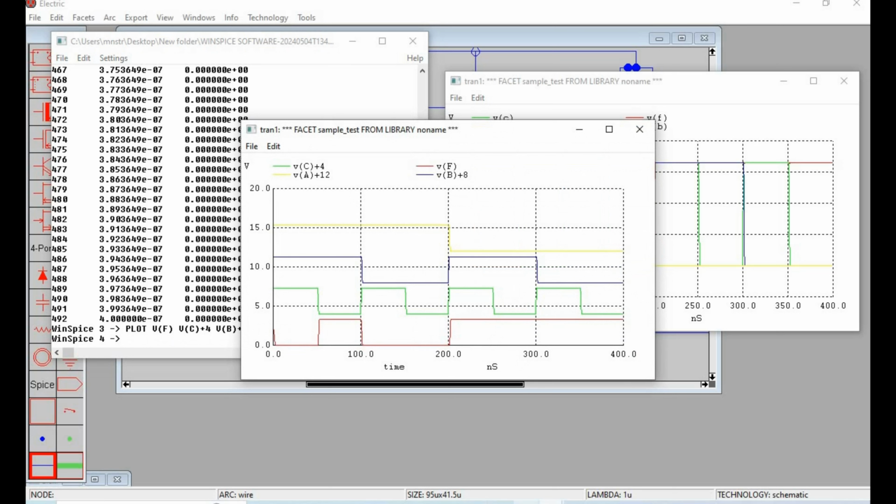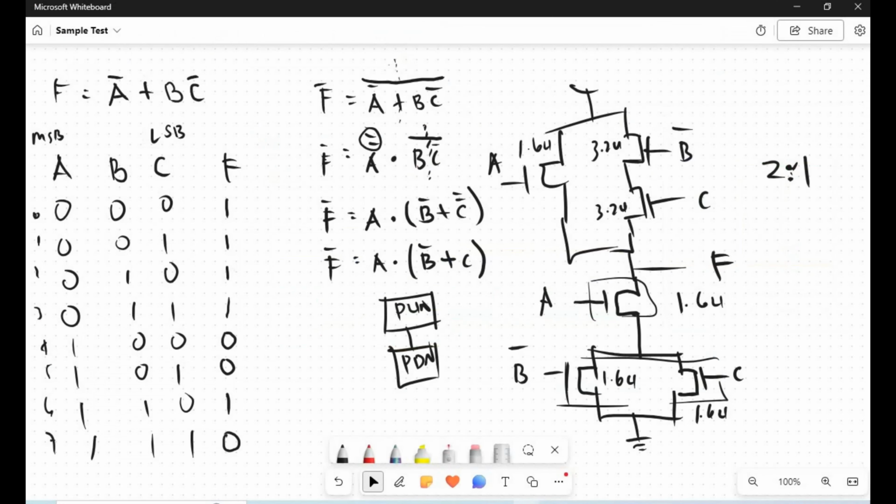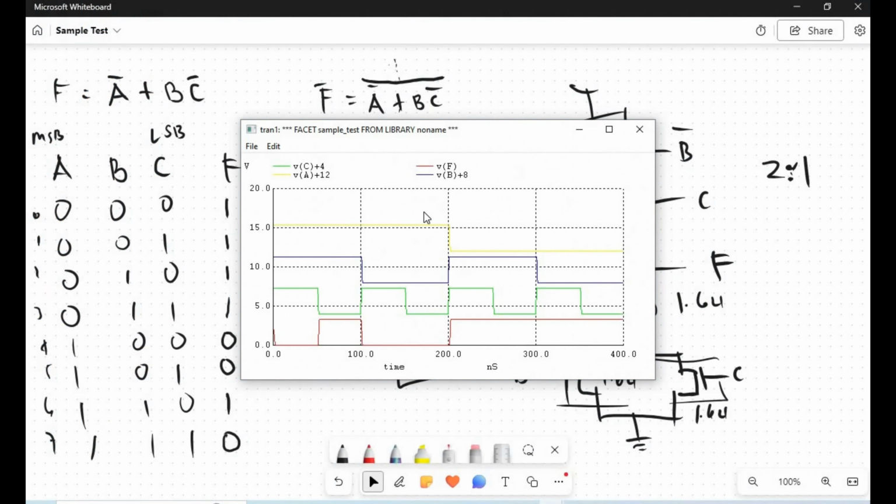You will notice that we have this as our output. From our truth table, we should have a high value if our input is 0, 1, 2, and 3, as well as 6. So 0 0 0, 0 0 1, 0 1 0, 0 1 1, and 1 1 0. So let us go back to our simulation results. So 0 0 0, high, 0 0 1, 0 1 0, 0 1 1.